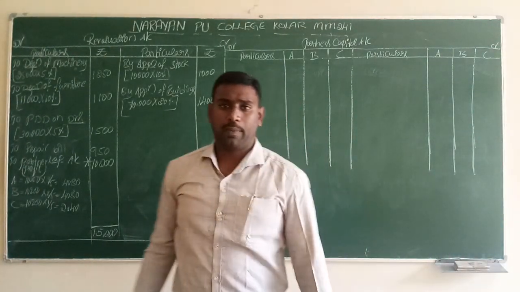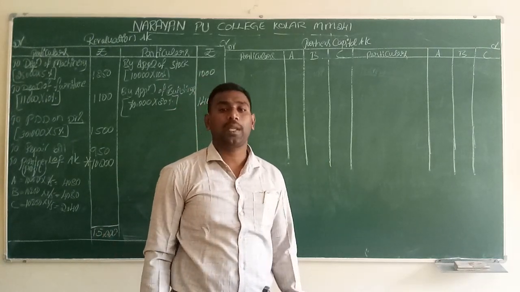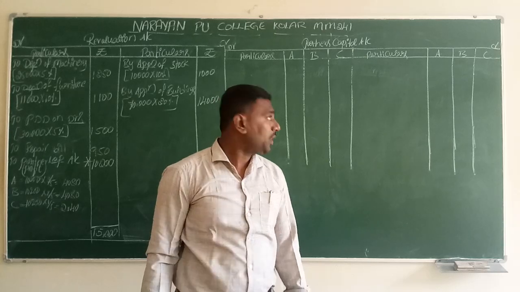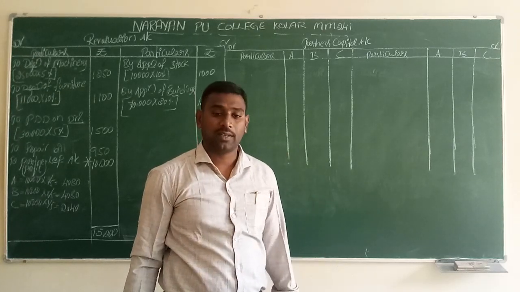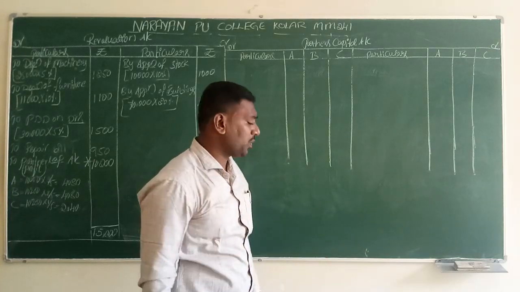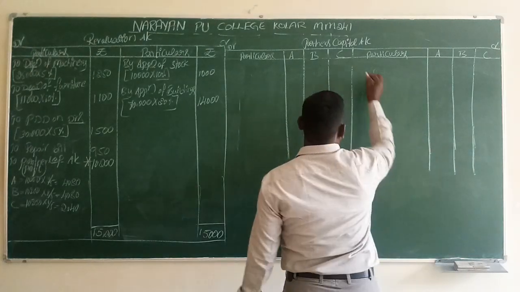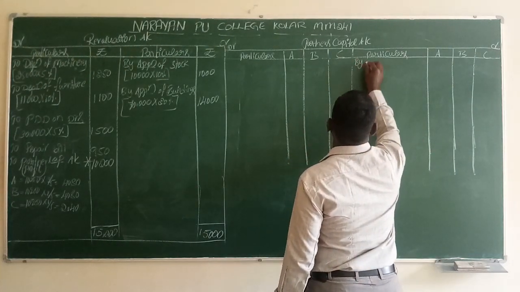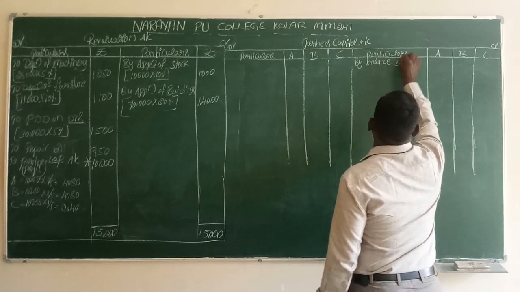In the partners capital account, step number 1, what we have to transfer is the opening balance. Without the opening balance, it is not possible to open an account. So we directly transfer it here. We write 'By balance brought down'.